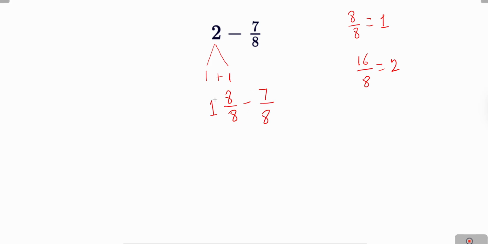So 8 minus 7 is 1. So 8/8 minus 7/8 is 1/8. But we have this whole number here, so we've got to bring it over. 1 and 1/8, and that is the same as saying 9/8. It's the same thing.